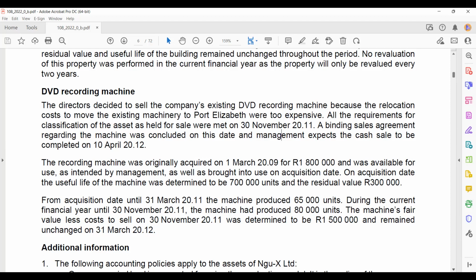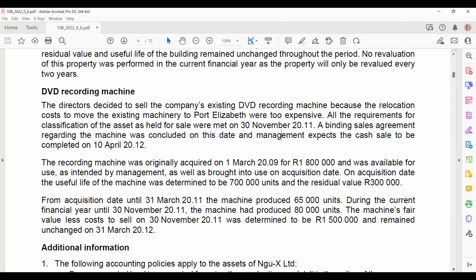The recording machine was originally acquired on 1 March 2009 for 1.8 million and was available for use as intended by management, as well as brought into use on the acquisition date. On acquisition date, the useful life of the machine was determined to be 700,000 units and the residual value 300,000 Rand.